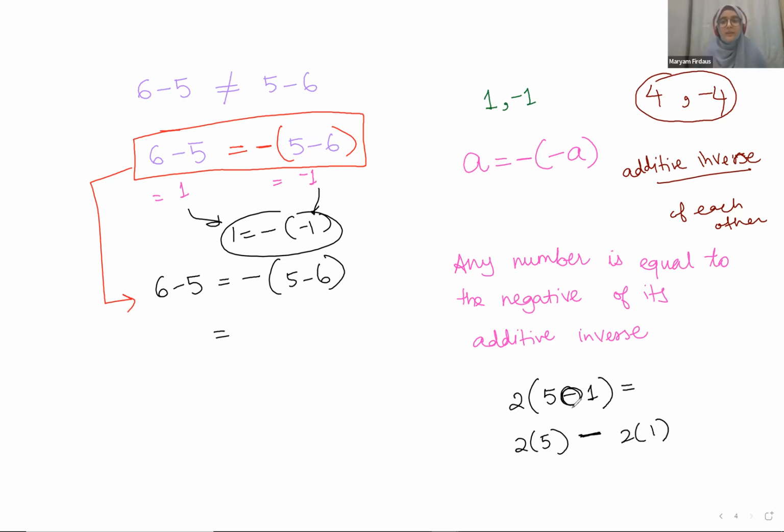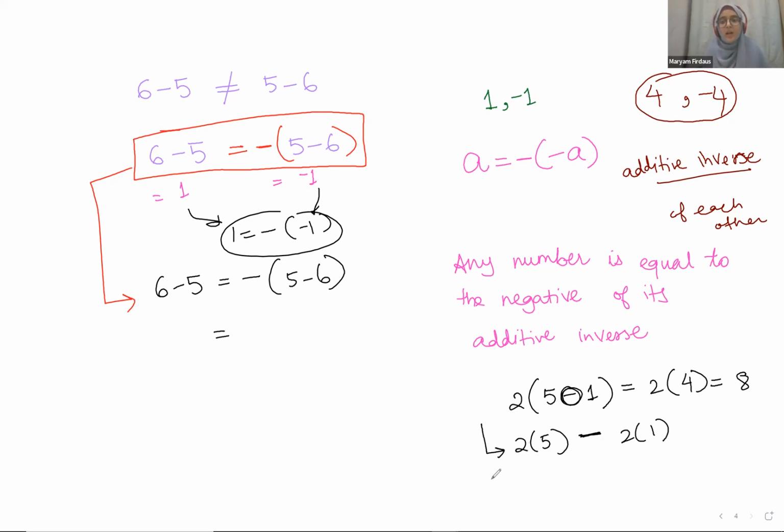If you solve it without opening the bracket, what does it become? 2 into 5 minus 1. What is 5 minus 1? 4. So that's 2 into 4. And what is 2 into 4? 8. But if you do the same thing while opening the brackets, that is the distributive property: 2 multiplied by 5 minus 2 multiplied by 1.